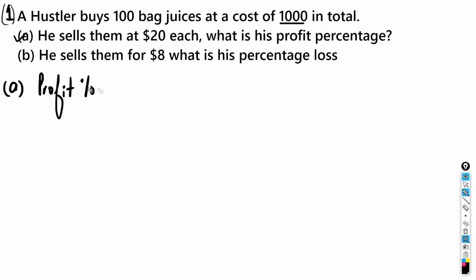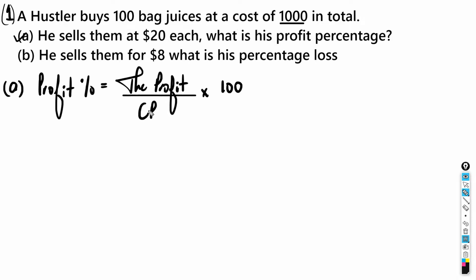Profit percentage is equal to the profit as a percentage of the cost price, so we put a line here, the profit over the cost price, multiplied by 100. But we need to find the profit first. In this case, we need to find out how much each bag juice costs.